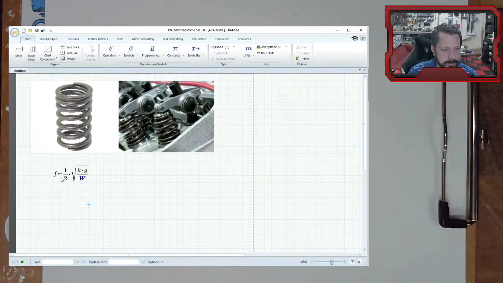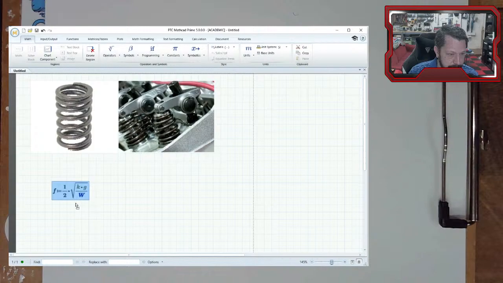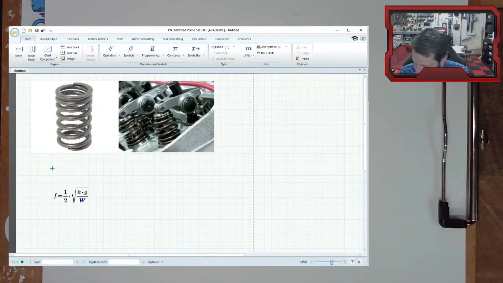We don't have any of these defined. Now, it thinks we do. Actually, I guess G is defined by default. But we're just going to start with that and figure out all the things we need to plug into here. So the spring rate is estimated with, let me see if I can find the equation. It's 10.9.